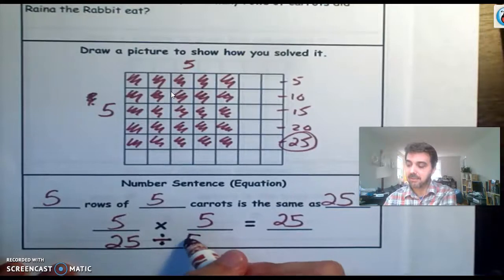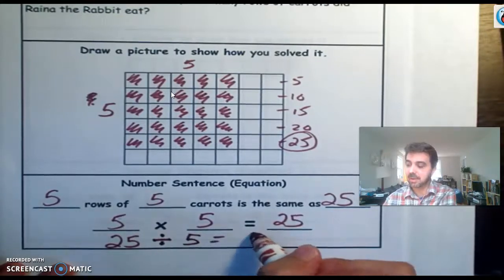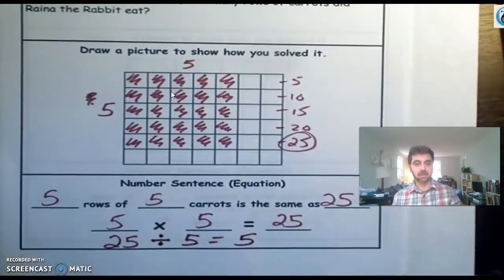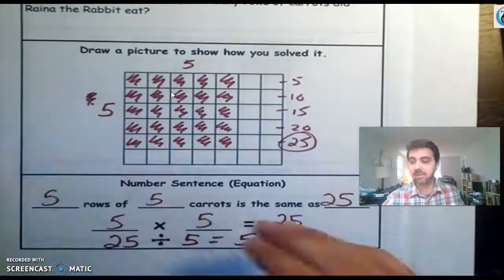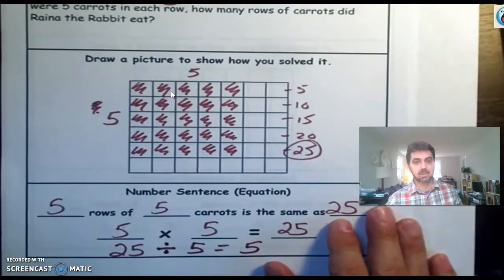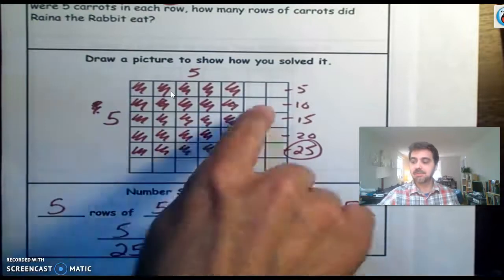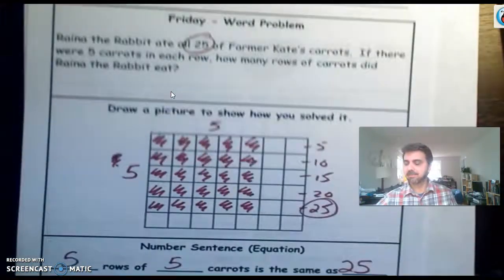Divided by 5 in each row means that there are 5 rows, okay? So that's how you would fill that out. All right, so 5 rows, 5 in each row, 25.